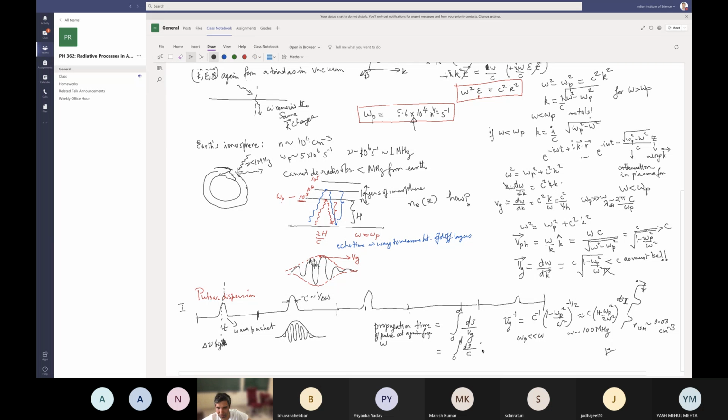So this is equal to c inverse times 1 plus omega p squared by twice omega squared.